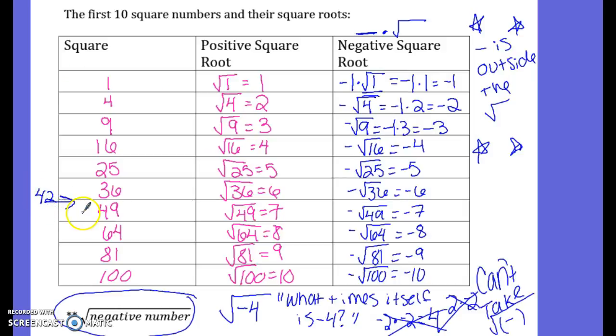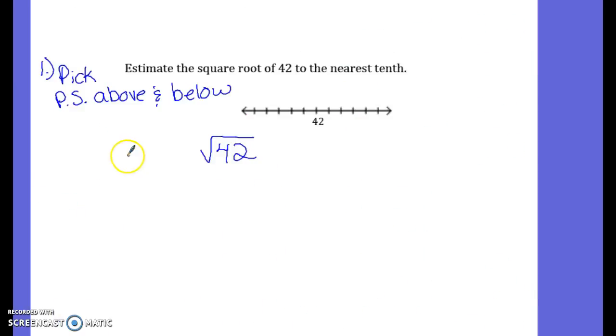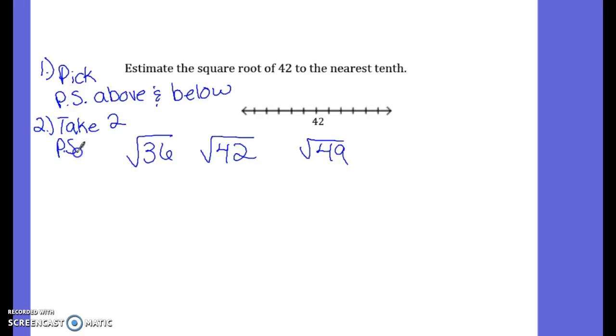So it's between 36 and 49. So I'm going to write the square root of 36, the square root of 49. The second thing I'm going to do is take the two perfect square roots. So I know it has to be between 6 and 7.